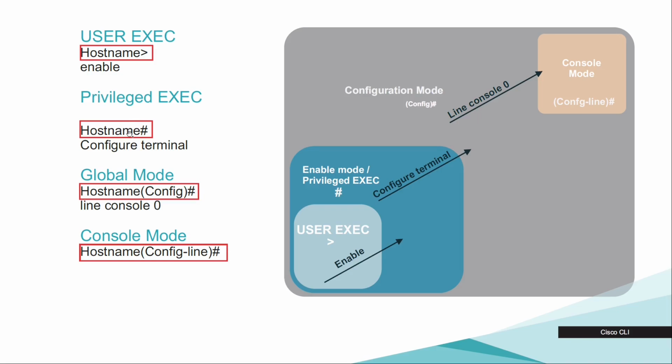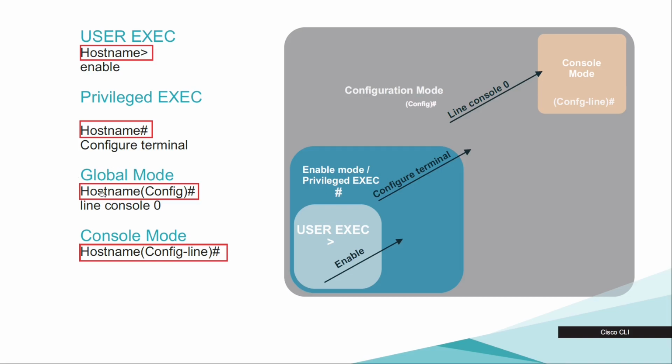From exec mode, as you can see here, we have our host name, and next to our host name there is a pound sign. This is what the privilege exec or enable mode looks like. If we want to move to the global configuration mode from the enable mode, we can use the command configure terminal. Configure terminal will move us from the privilege exec mode to the global configuration mode.